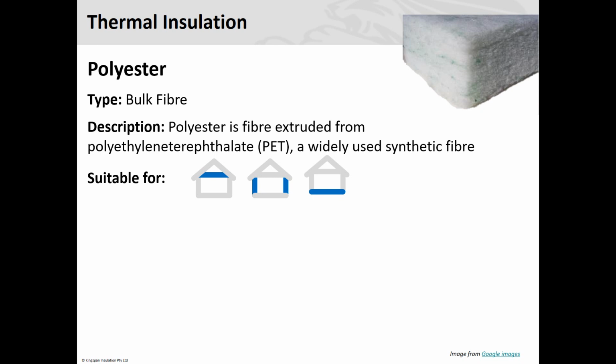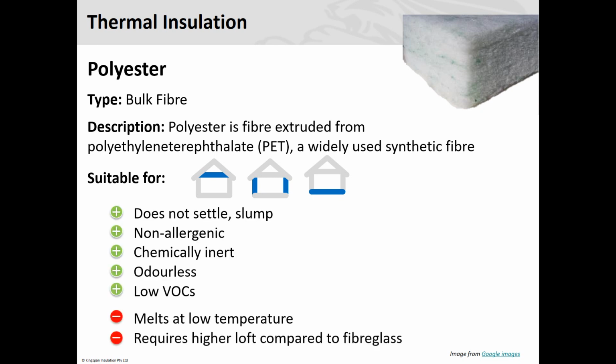Quite good for the ceilings, walls and under floors as well. Some of the benefits are it doesn't settle or slump, so it stays at its full loft. It's non-allergenic as well. It's odorless, low VOCs. Some of the negatives though, as polyester, if it's exposed to heat, it can melt. If it's exposed to a naked flame, it'll catch fire and it can burn quite easily.